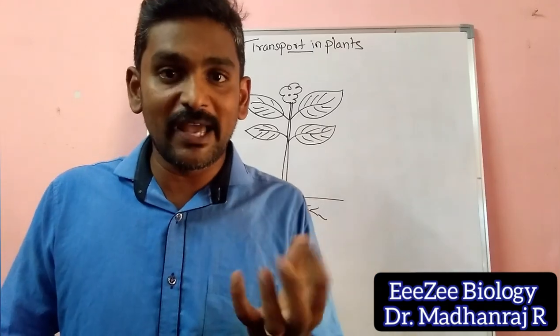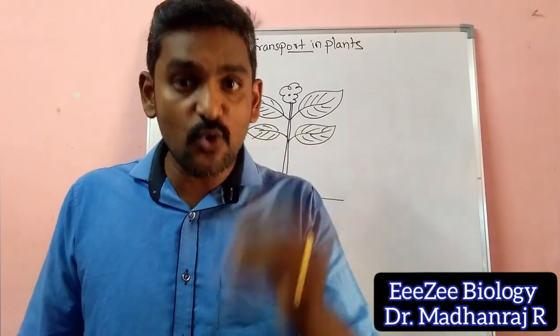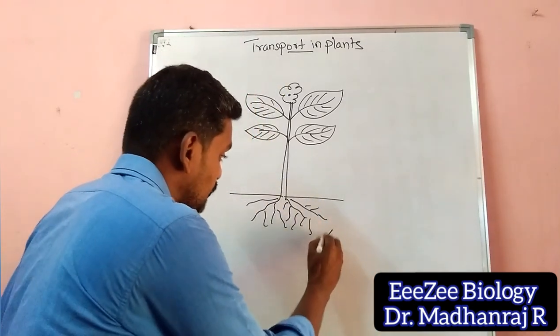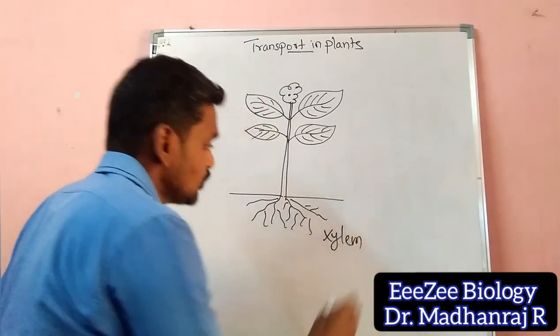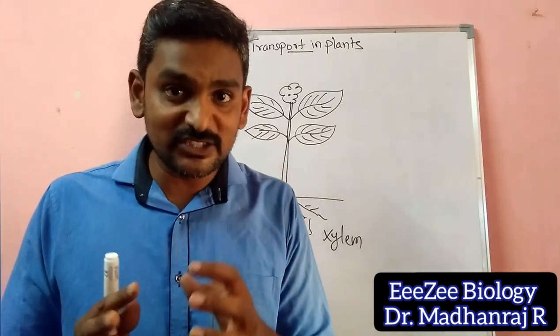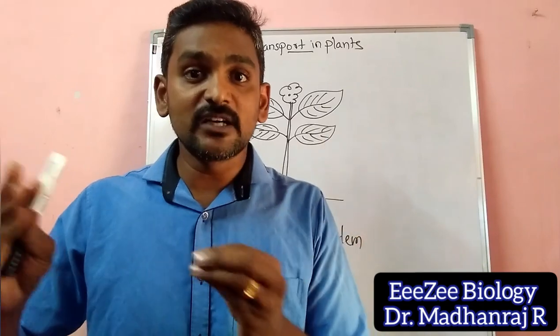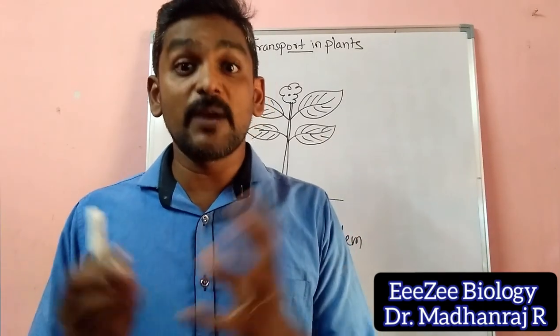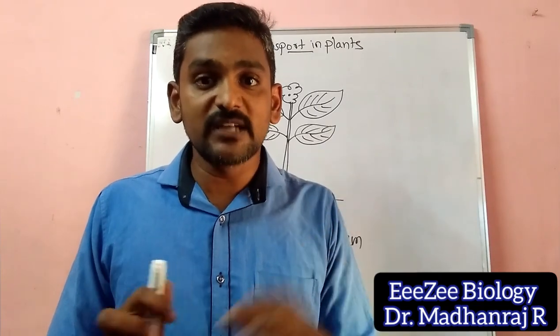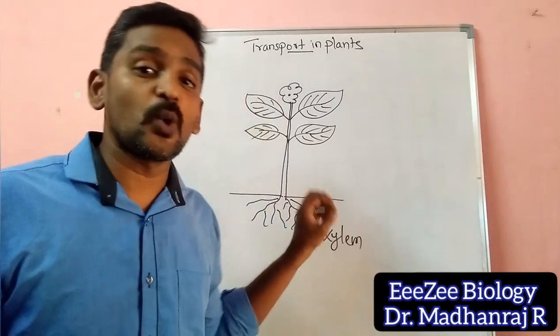So how do they supply? They have a special complex tissue called xylem tissue. Xylem is a vascular tissue. In algae and other preliminary plants we cannot find these vascular tissues.